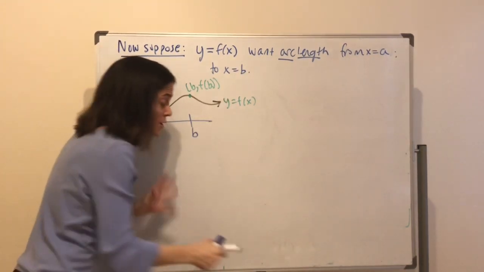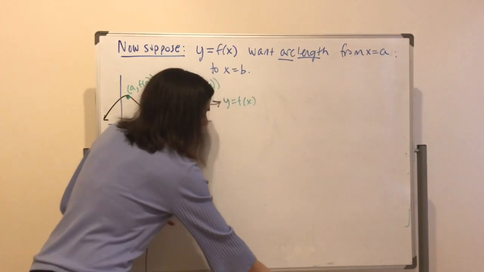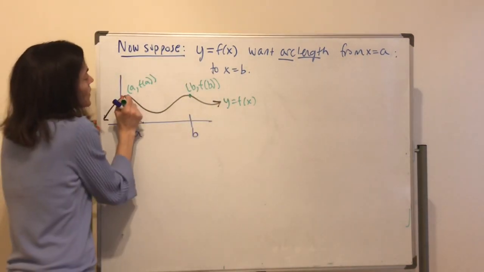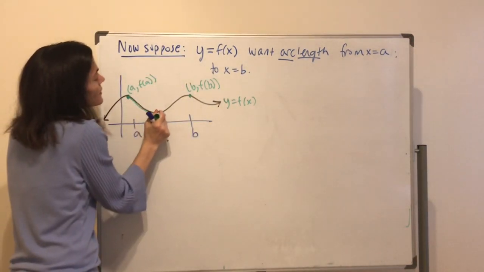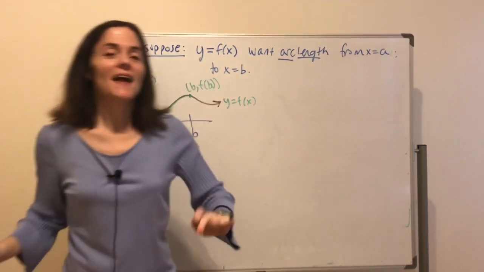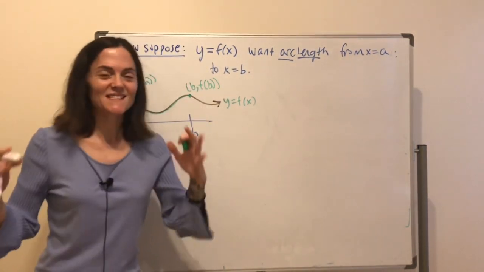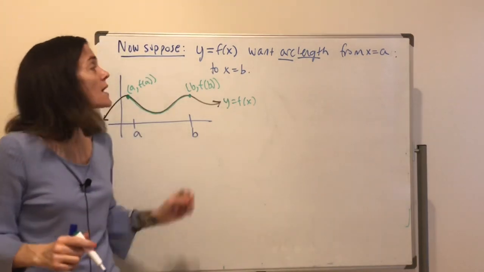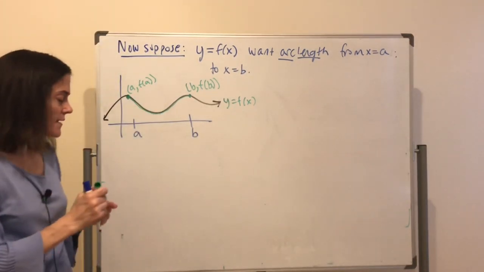And the whole time you are walking along the curve. Maybe I will keep with my green. So we walk along the curve like this. Okay, walk along the curve and ask yourself, what's the distance you traveled, or how far did you walk? This is the arc length, okay?